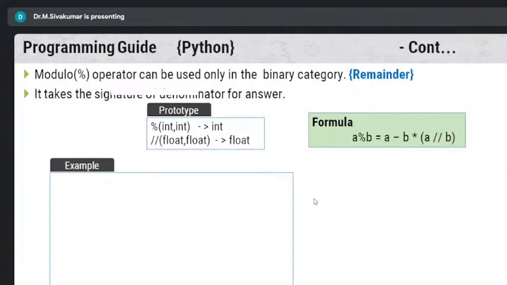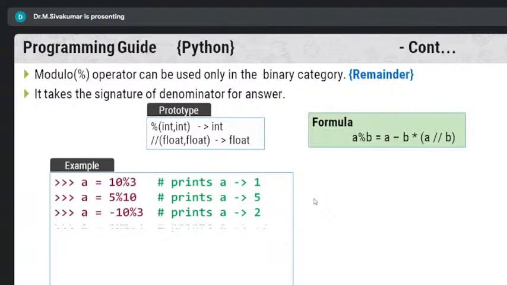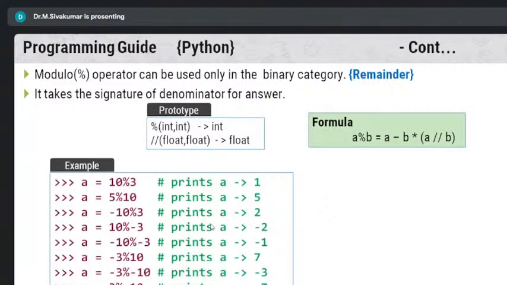You can observe the answers here. Additionally, Python follows the formula A modulo B is equal to A minus B star of A floor division of B. This is there in Python, but we are not following the rule properly whenever we teach Python. So please be cautious and go with the exact explanations properly.